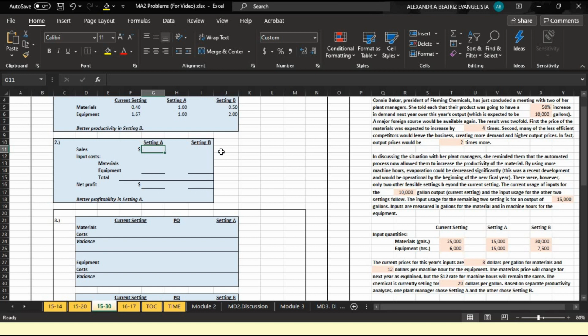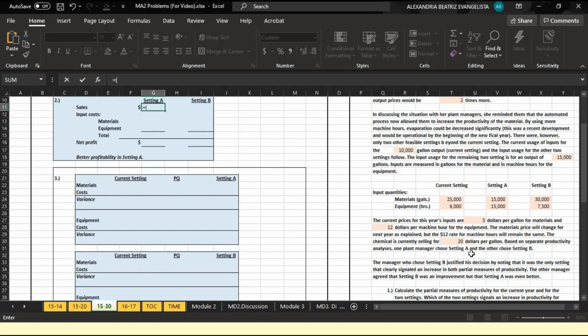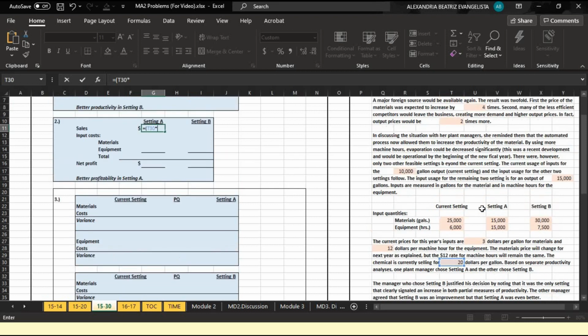For sales of setting A, that is computed by multiplying the output price, which it says here in the problem that the chemical is currently selling for $20 per gallon, so that is our selling price, multiplied by 2, because it is said that output prices would be 2 times more, and then we're just going to multiply the product by the actual output, which is 15,000. That would give us 600,000.